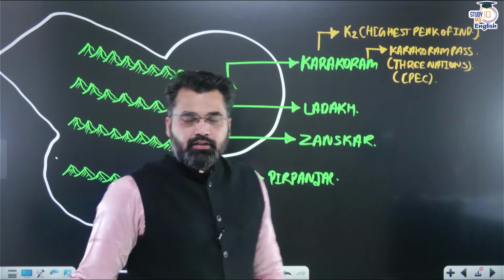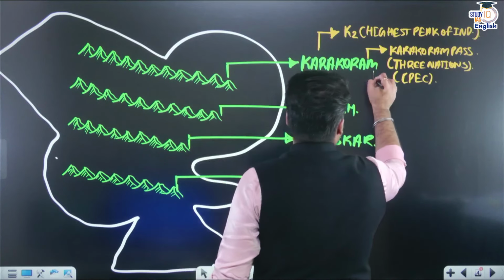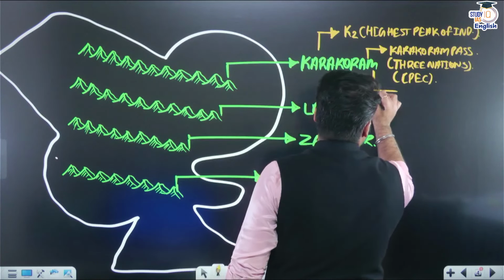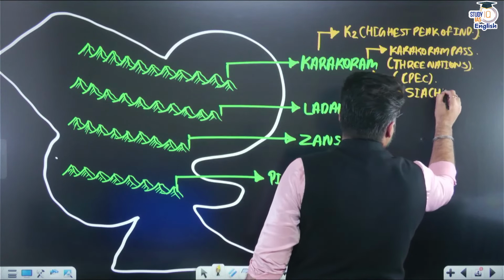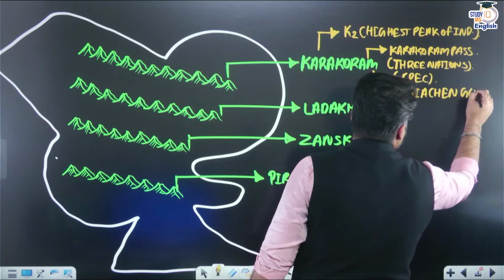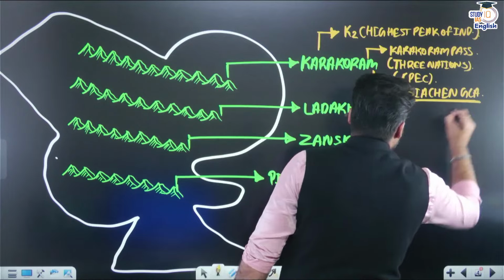To counter that, you can find here a glacier called Siachen Glacier. Siachen Glacier is a very important strategic location.